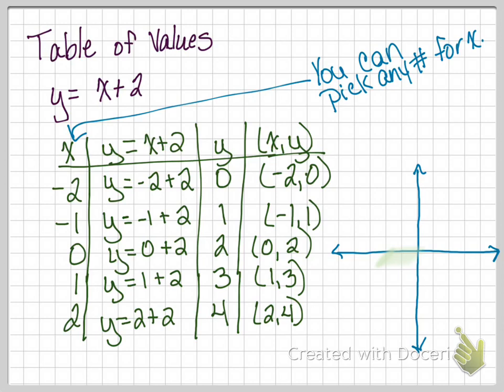Okay? So that is my first point. Now I've got negative 1, 1. So I go over negative 1, and then I go up 1. So that's my point right there.